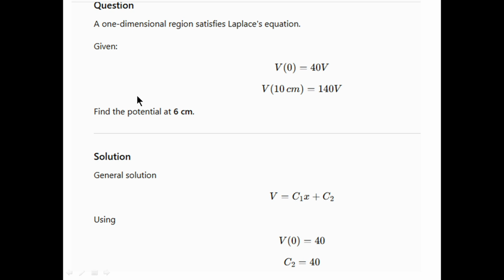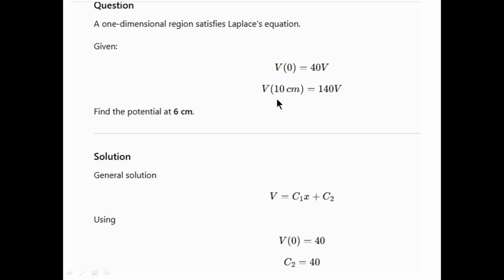We know the general solution for the Laplace equation is C1x plus C2. When we use the first boundary condition, at x is equal to 0 we have potential 40. When we use this value in the general solution, we get C2 is equal to 40.